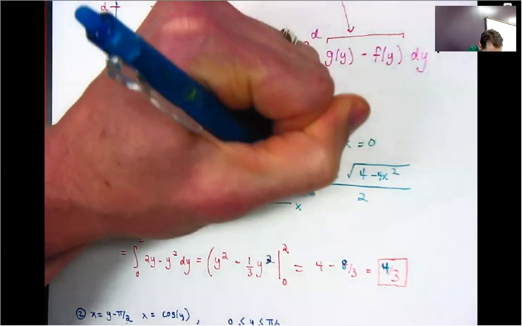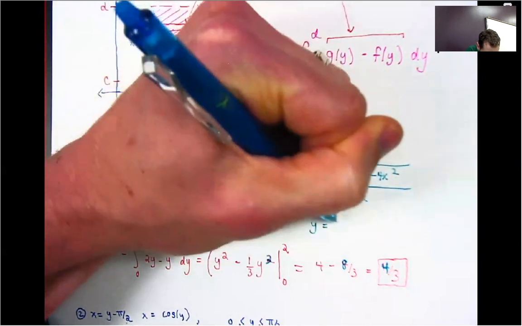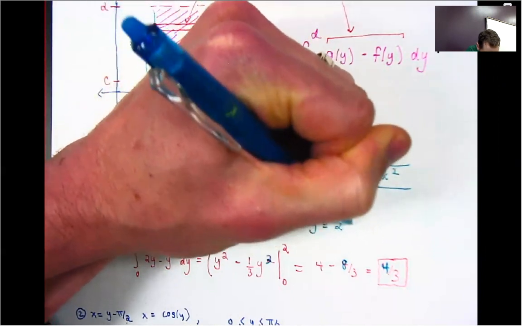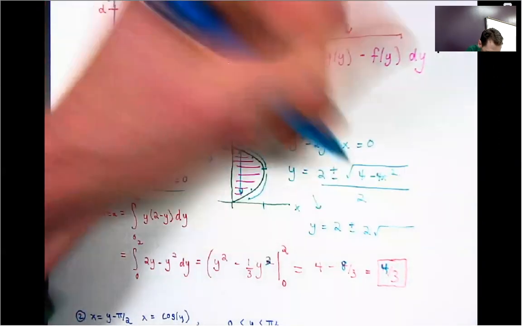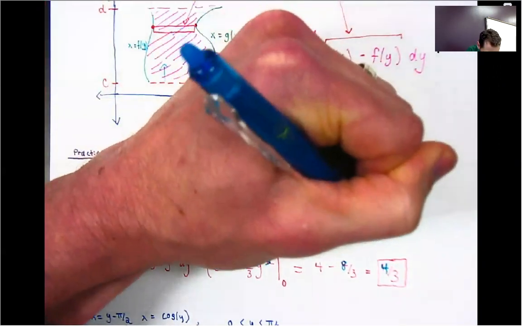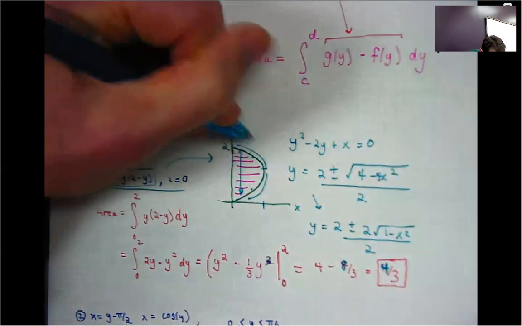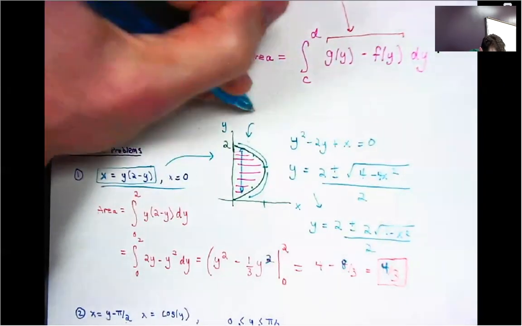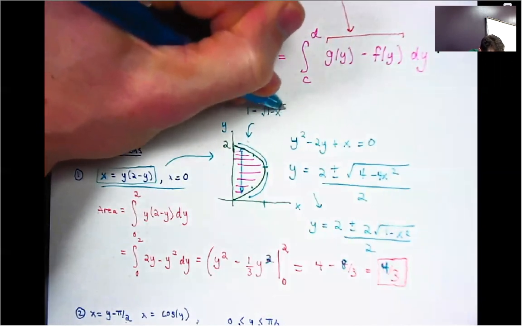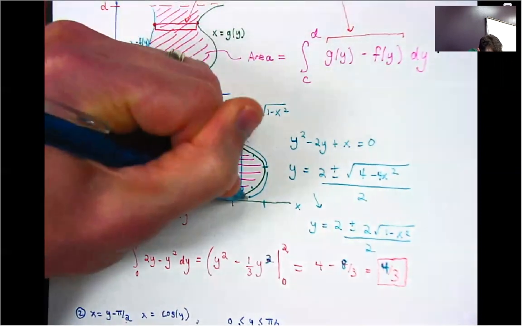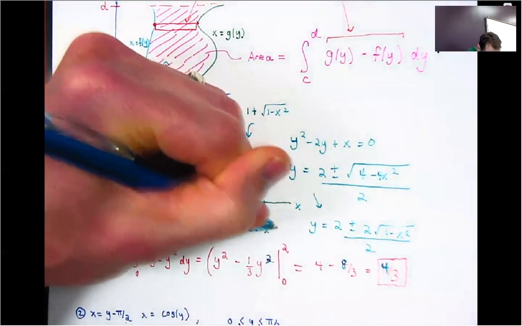And if we write that down, I'm going to write both branches: 2 plus or minus, let's factor that 4 out as a 2, and you get 1 minus x squared all over 2. And that simplifies down to the top portion of the function being 1 plus the square root of 1 minus x squared, and the bottom portion being 1 minus the square root of 1 minus x squared.